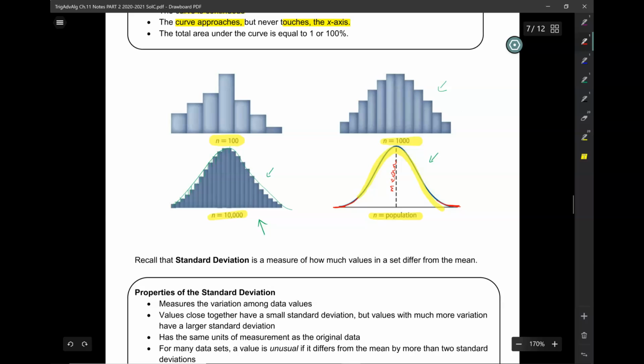It kind of floats on top of it. And this is the important part: the total area under the curve is equal to 1 or 100%. What does that mean? That means the stuff underneath here represents 100% of all the people in your survey or in your data set. All right, so that's the normal distribution.